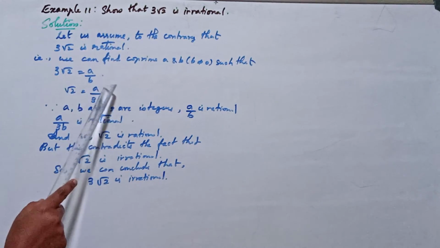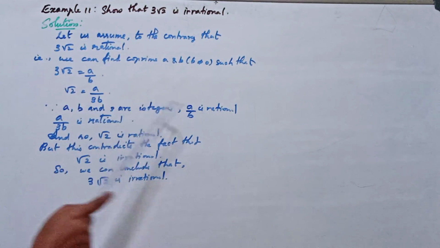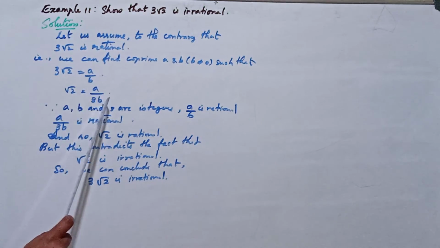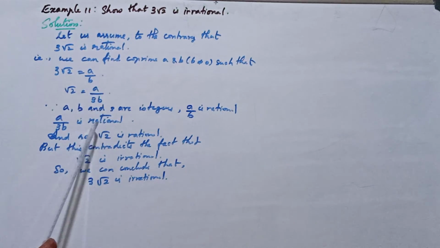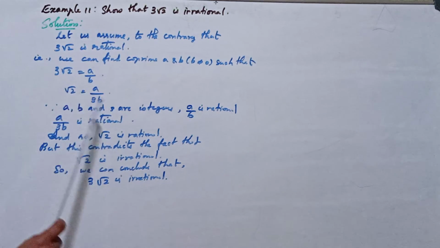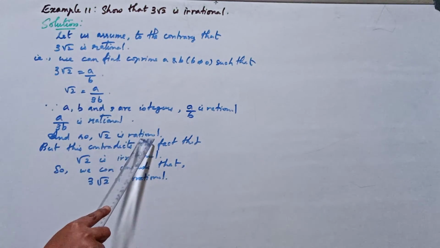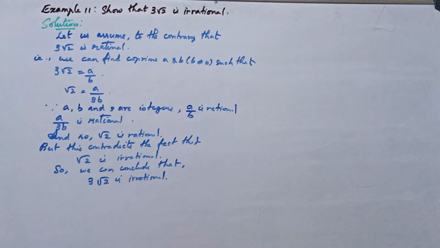Since a, b and 3 are integers, a by b is a rational number, so a by 3b is also rational. If a by 3b is rational, that is equal to root 2, so root 2 is also rational. But this contradicts the fact we have already proved, that square root of 2 is irrational. So from this we can conclude clearly that 3 root 2 is irrational.